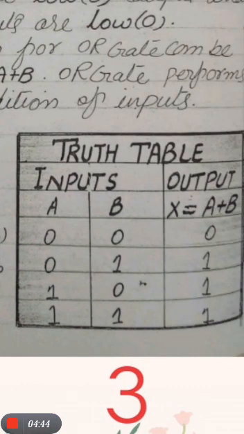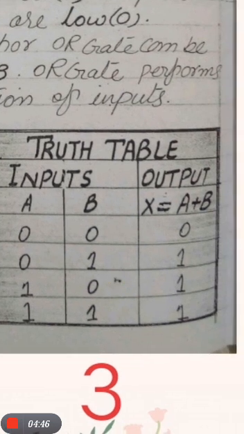The truth table for the OR gate: X is equal to A plus B is the Boolean equation. To alternate the first column, input B will be given as 0 1 0 1, and input A will be the double of the first column, that is 0 0 1 1.